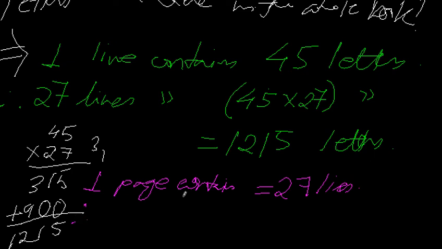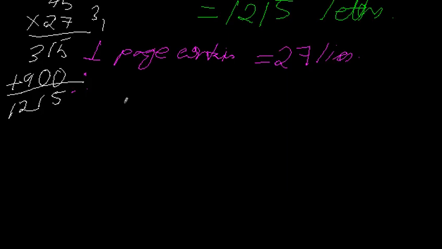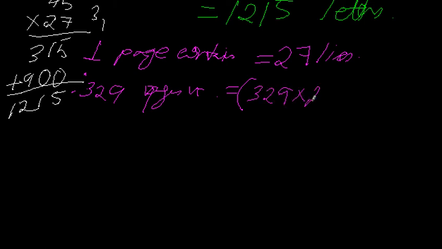Therefore, they have how many number of pages? 329 pages. Therefore, 329 pages contain obviously much larger number of lines. That means we have to multiply 329 into 27 lines.